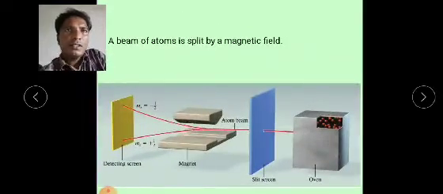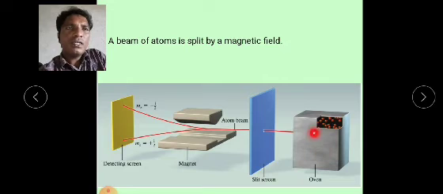So see, this next diagram shows that a beam of atoms is split by a magnetic field. From this oven, an atom beam is emitted, and a strong magnetic field is kept across the emitted atom beam.